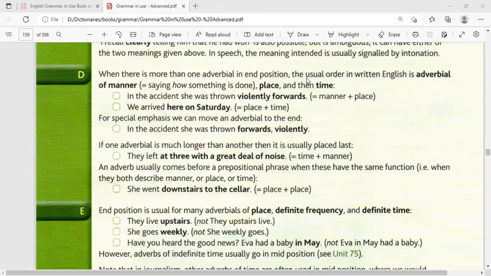Number 2, we arrived here on Saturday. How many adverbials do we have here? Three. The first one is place.